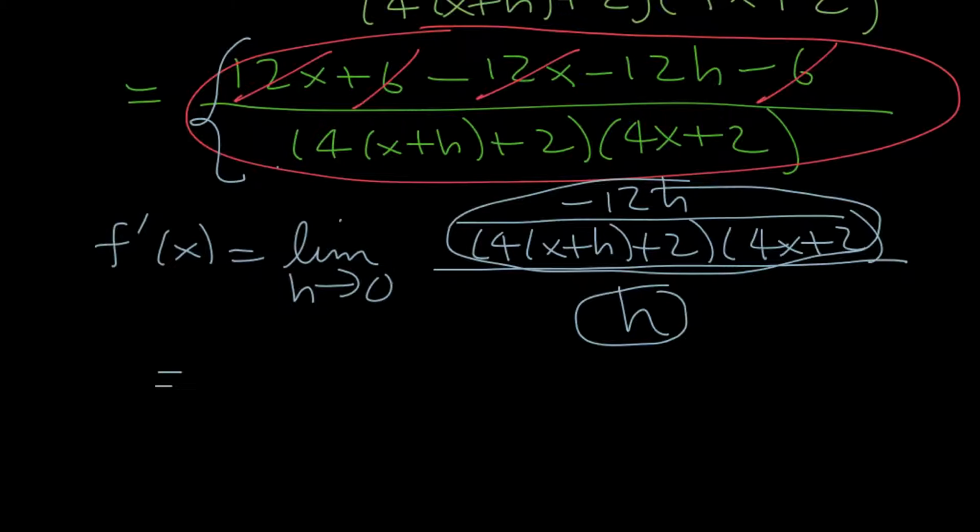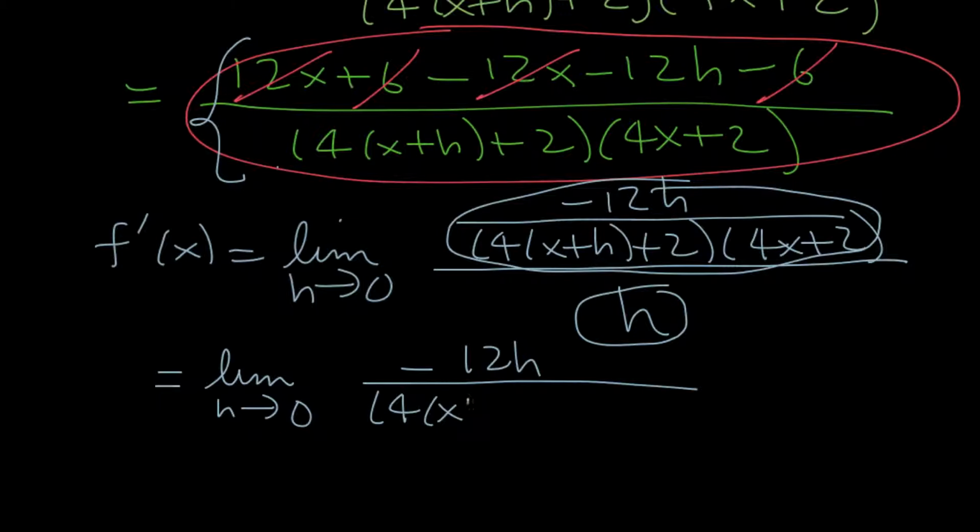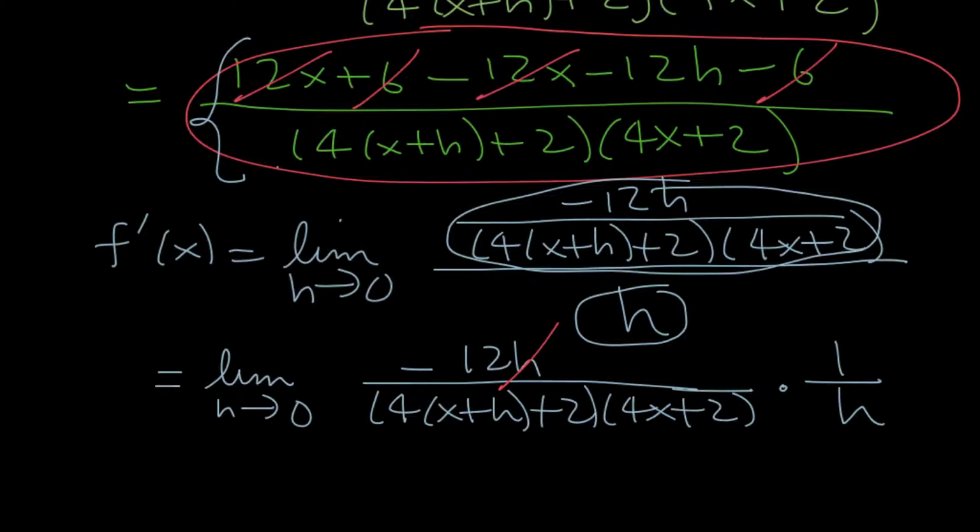Well, that is the same as multiplying by 1 over h. So let's take our numerator, x plus h plus 2 times 4x plus 2, and instead of dividing by h, we'll multiply by 1 over h. So something nice happens here. The h's cancel, and now we have one more step to go: take the limit as h goes to 0. Stop and let you do that, and finish off in 1 second.